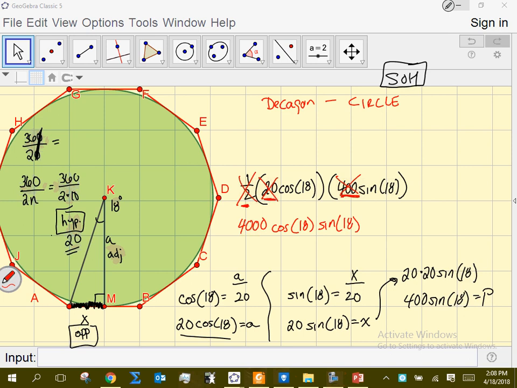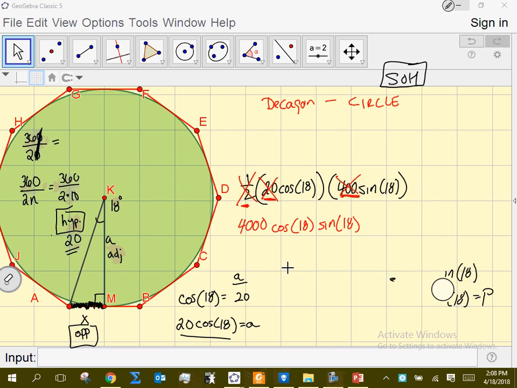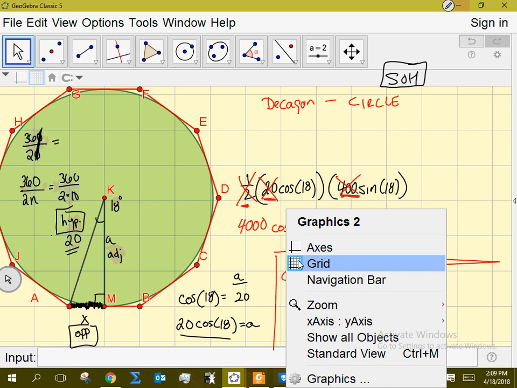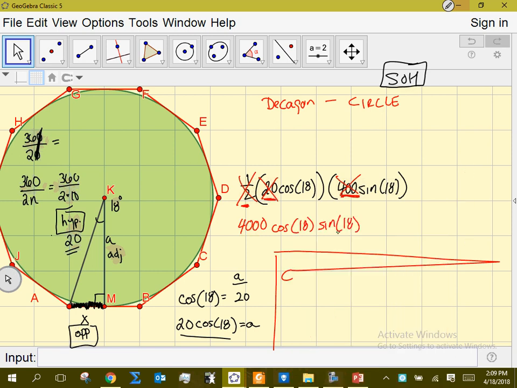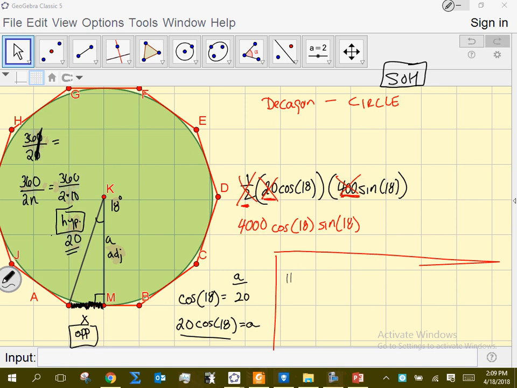Now we want to find the area of our circle. What's the formula for the area of a circle? Pi r squared. Okay, so just kind of chop this up here. Circle. All right, circle is going to be pi r squared.